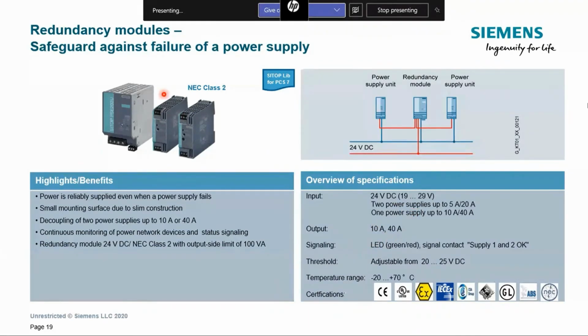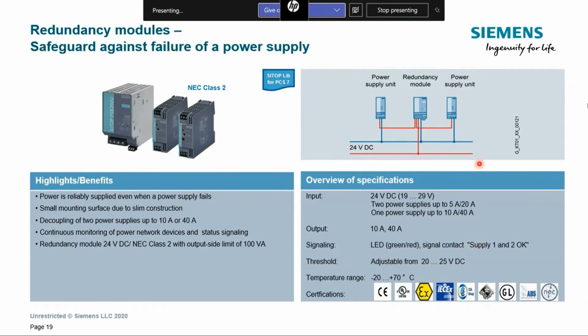And always you will find that the redundancy modules, because they are coupling two power supplies, have a signaling contact. This is very important in order to wire the signaling contact as a digital input to a PLC in an automation system.